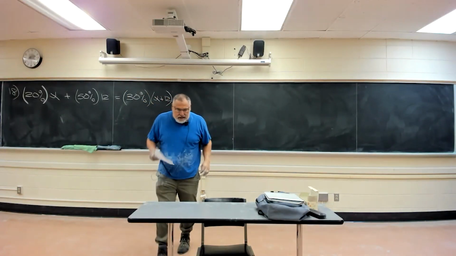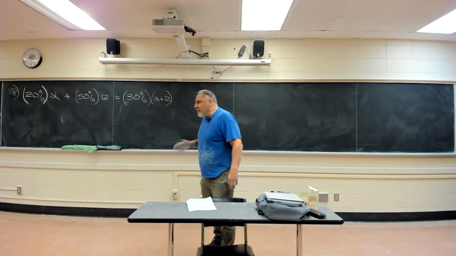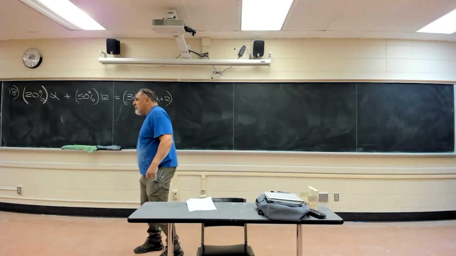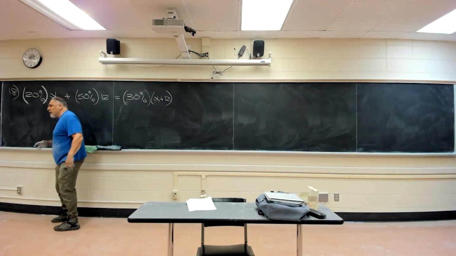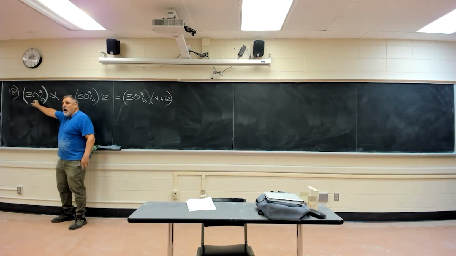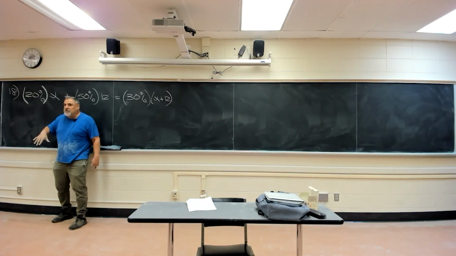This is a fascinating problem. It's got to be viewed correctly, however. Here's how you view it correctly. There is a solution of 20% alcohol. That means 20 parts pure alcohol to every 100 parts of solution.